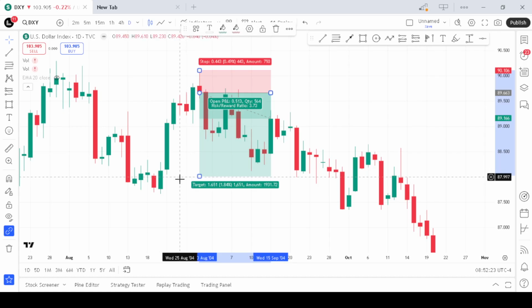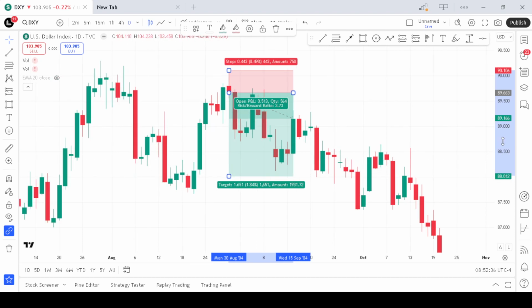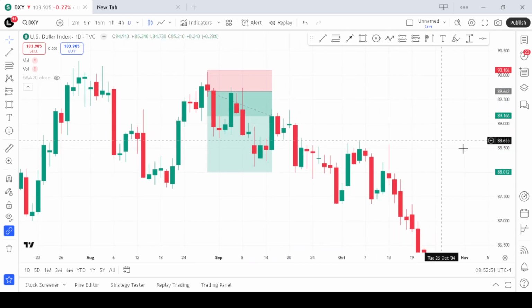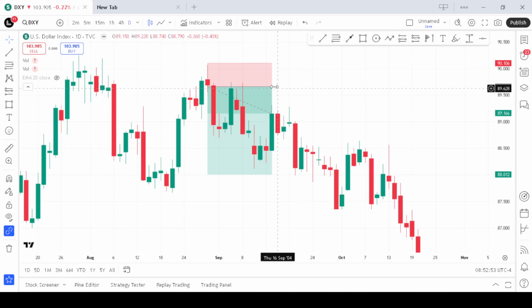By following this strategy, setting a clear entry and managing your risks, your stop loss would help you to avoid unnecessary fake outs. And when you establish realistic profit targets, you would effectively trade the descending hawk pattern and increase your chances of success in the market. This is exactly what the pattern entails.